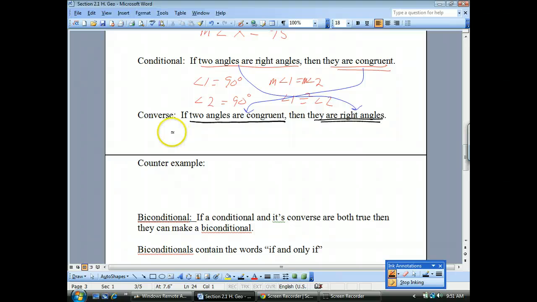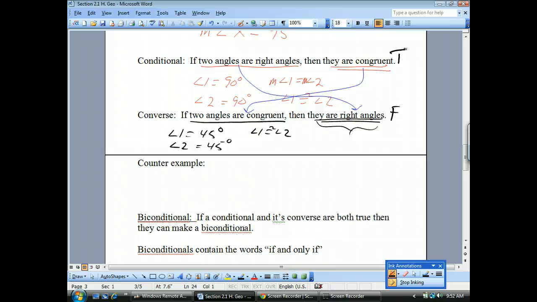So could angle 1 equal 45 degrees and angle 2 equal 45 degrees? Okay, are those two angles congruent? Yes. Angle 1 is congruent to angle 2. So then, are angle 1 and angle 2 both right angles? No, they're not. So this one is false. And the original conditional was true. Okay?